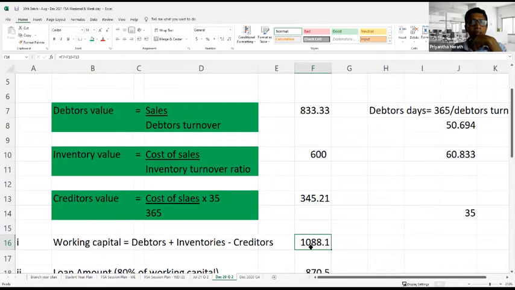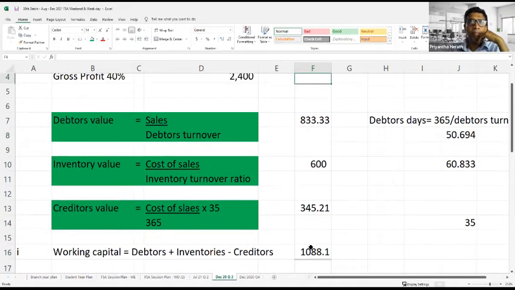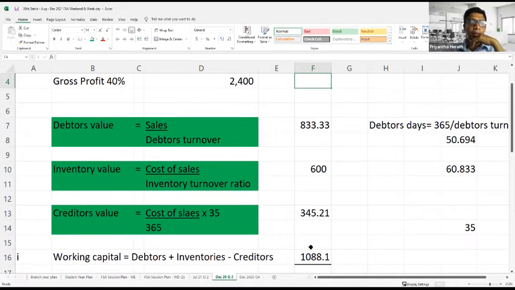How you get this working capital? Debtors 833, inventory value 600, and debtors plus inventories minus creditors. Right? So we estimated the working capital account of the company. It's 1088. Working capital account of the company, 1088. Any questions? Any clarification? Any doubts you have?